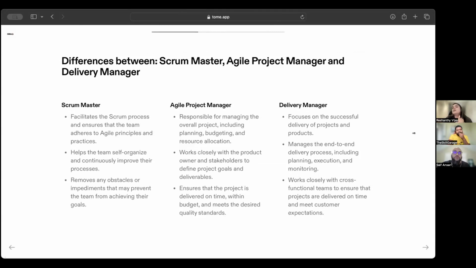All right. So, differences between a Scrum Master, an Agile PM, and a delivery manager. Now, there are many more, but just to tackle these, there are subtle differences. I'm going to give you my real world experience, having worked with global organizations, from startups to big enterprises. So as a Scrum Master, your role is limited to your team and focusing on agility.